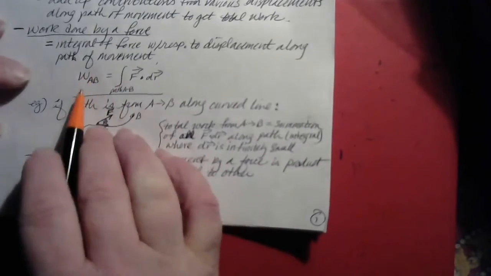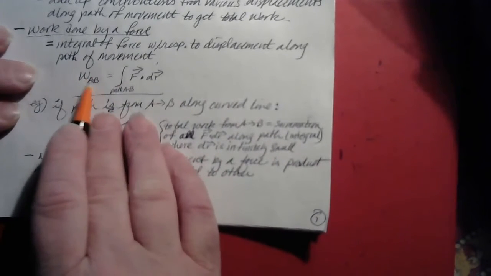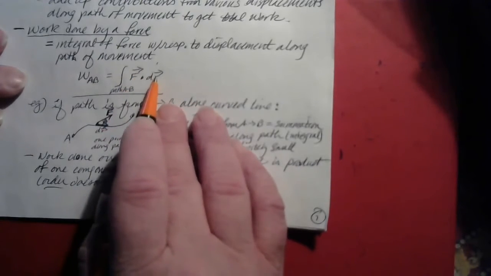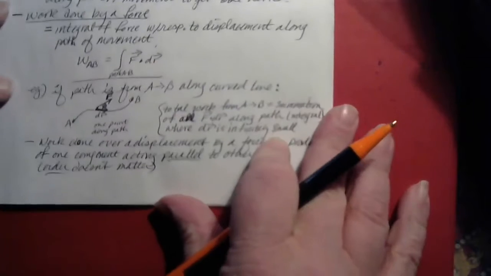Only in an integral, theoretically, the tiny little items are infinitely small. Okay, so work in moving something from point A to point B would be equal to the integral between A and B of the force times the tiny little increment of displacement.